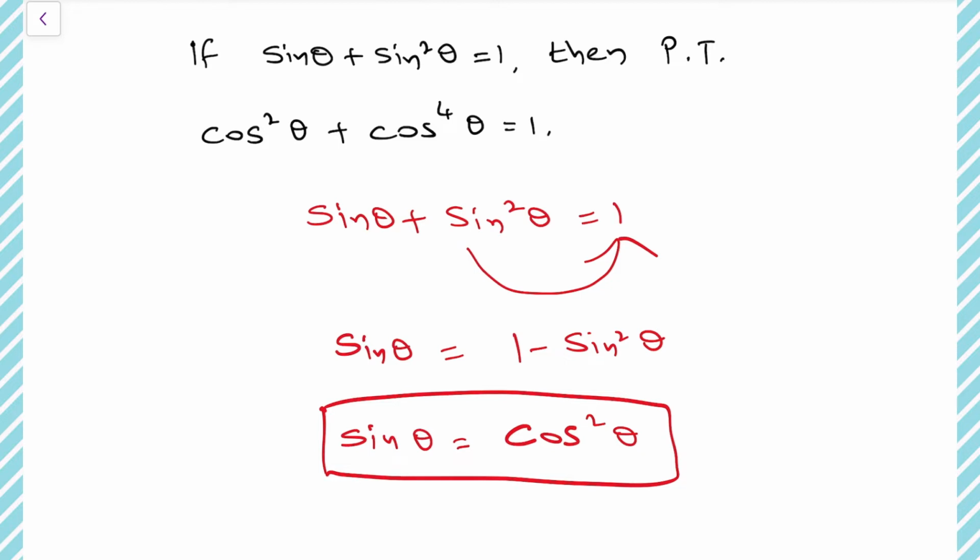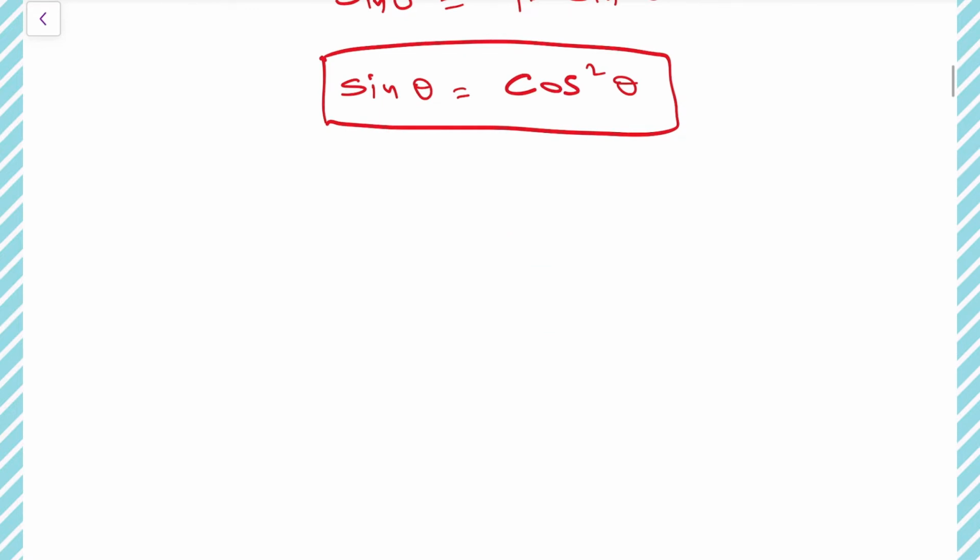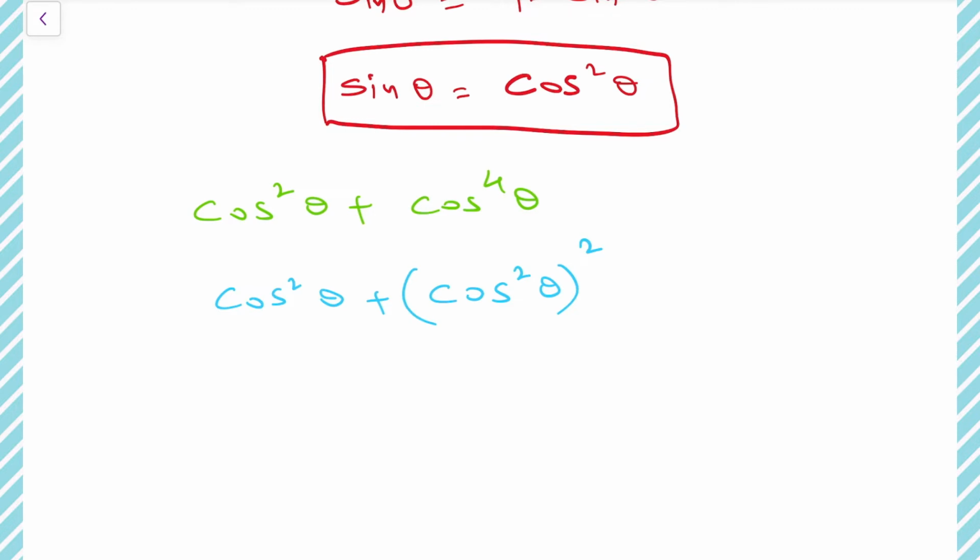Then they are asking to prove that cos square theta plus cos power 4 theta equals 1. We need to show that this is also equal to 1. Cos square theta I am writing as it is, plus cos power 4 theta I am writing as cos square theta whole square. Now cos square theta is nothing but sin theta.